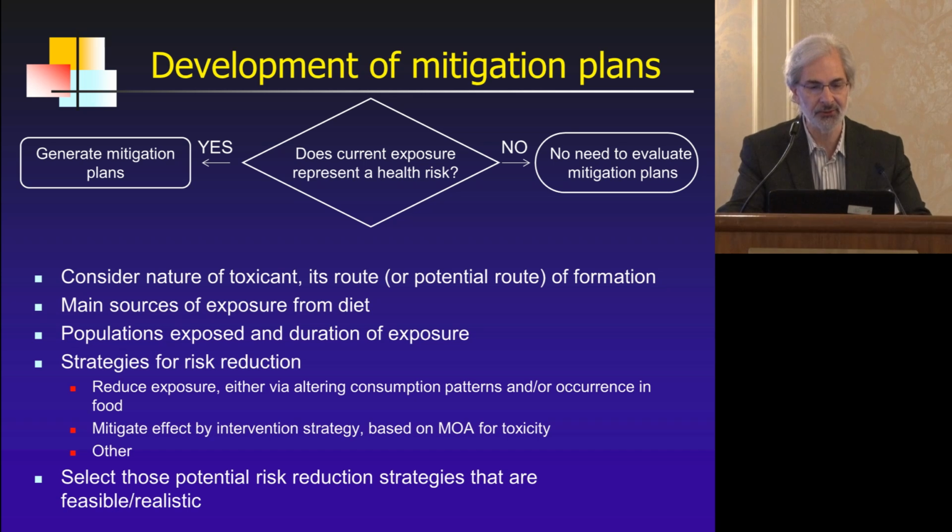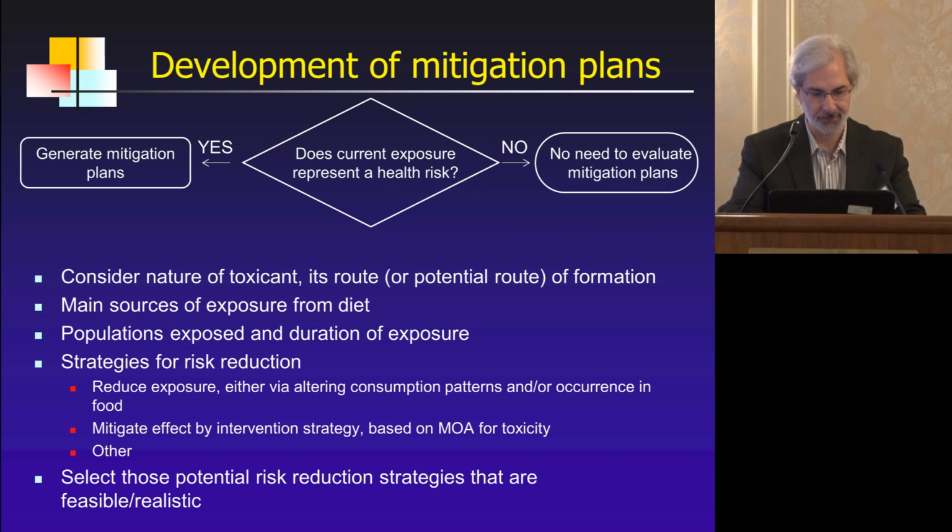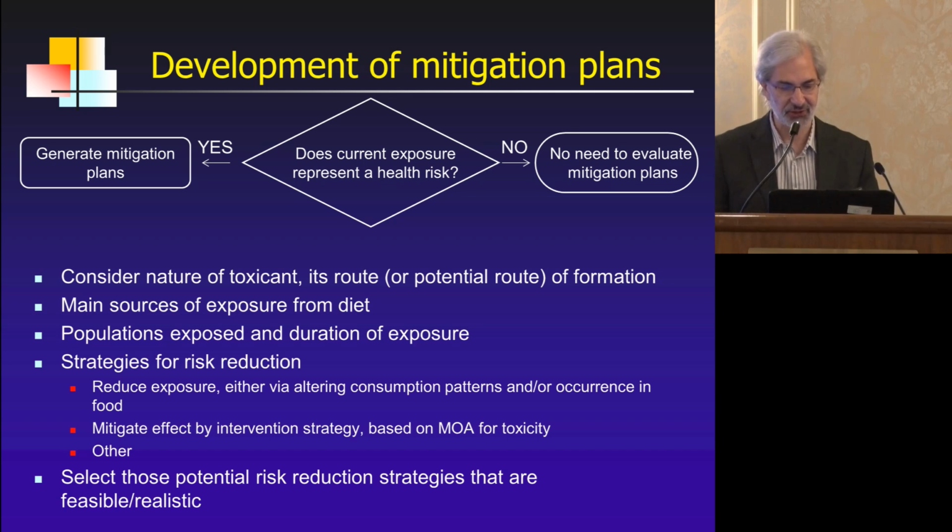It was suggested that you cook the meat differently rather than on a hot metal surface, which is the root of the Maillard reaction. And feasible and realistic. Also, of course, there are economic considerations which go well beyond a scientific discussion, but will require consideration when considering which are the risk reduction strategies that are most appropriate.